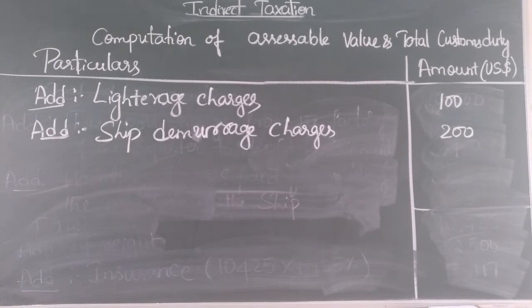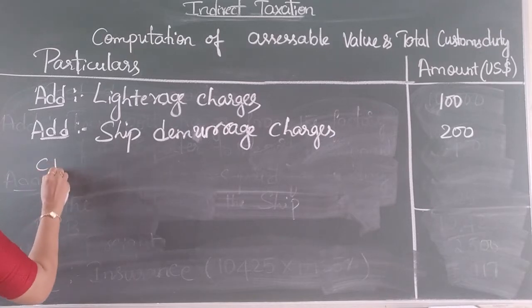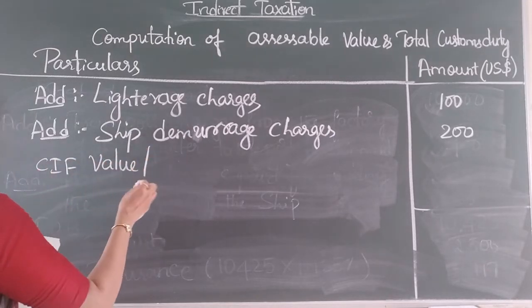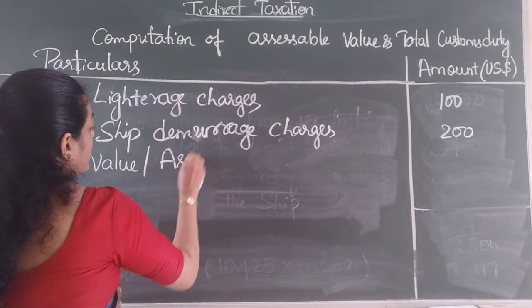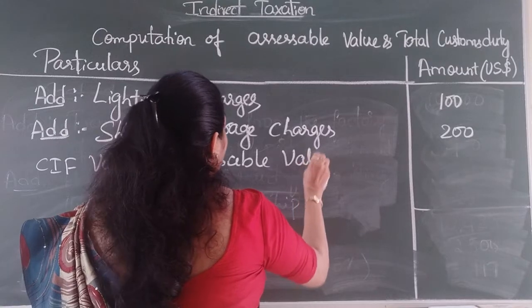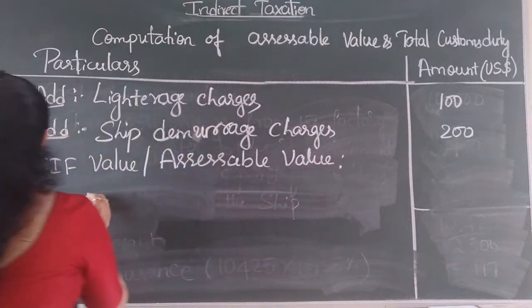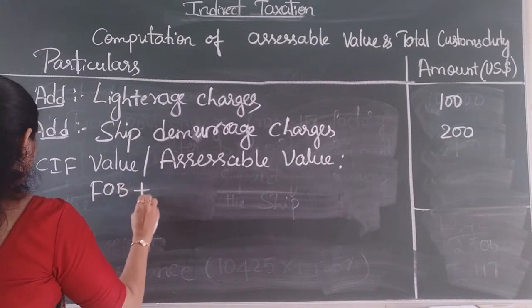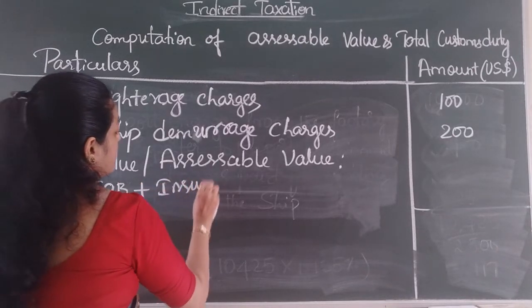So after adding all these things, so cost of insurance freight, that is CIF value or assessable value. Assessable value is FOB, free on board, plus insurance plus freight.